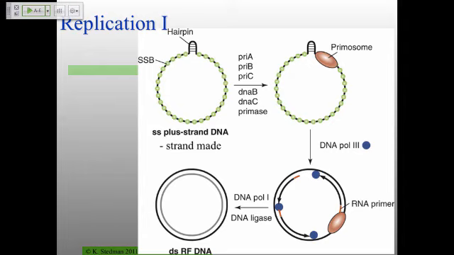Those complementary sequences will bind to each other, provide a binding site for cellular proteins, which can then prime replication of your genome and regular replication, RNA primers, DNA polymerase III, making double-stranded DNA.